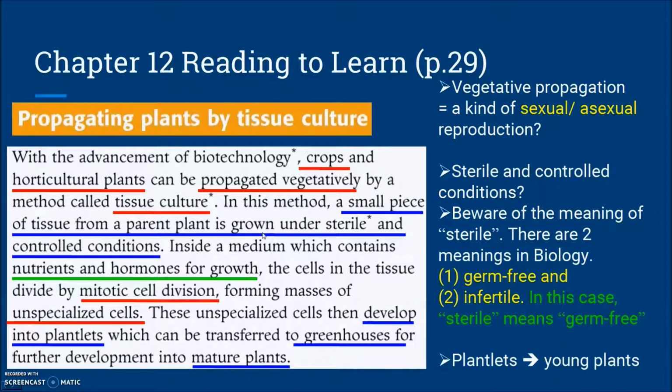But the point is that for the small piece of tissue, we need to know which tissue we choose. For example, will you choose the xylem vessels for the tissue culture? No, absolutely not, because xylem vessels are dead.